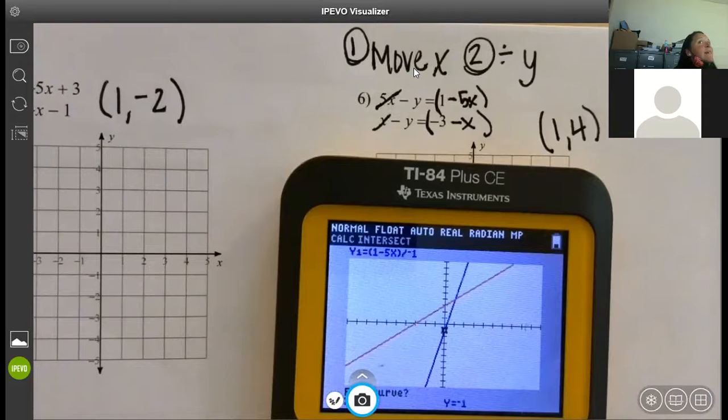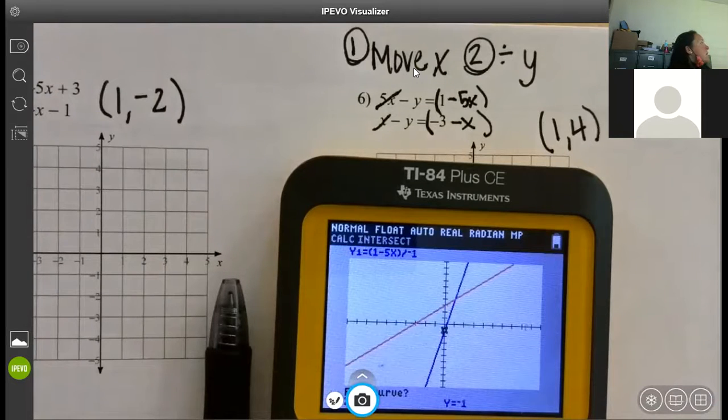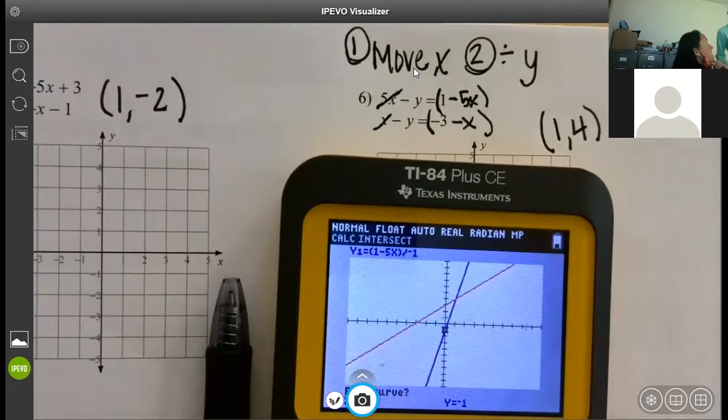Did anybody not get this graph? Bring me your calculator. Let me see it. Oh, never mind. I know why. It's there, it's just super exact. 1 and 4, it's just 3.99.